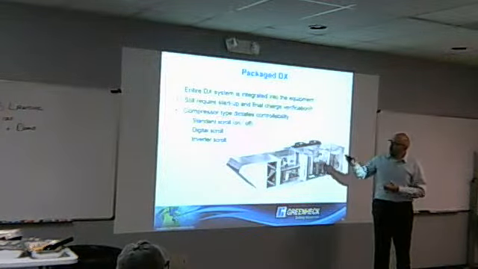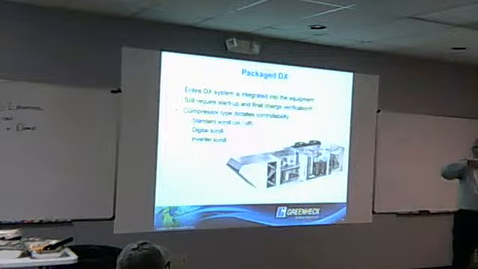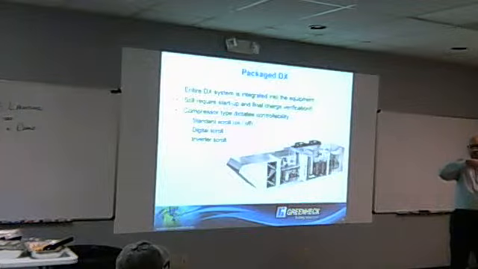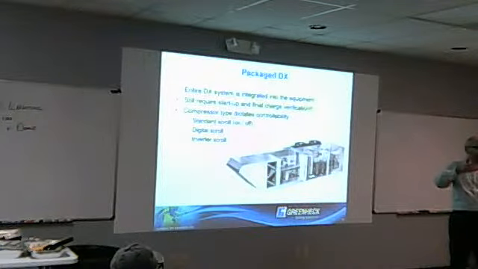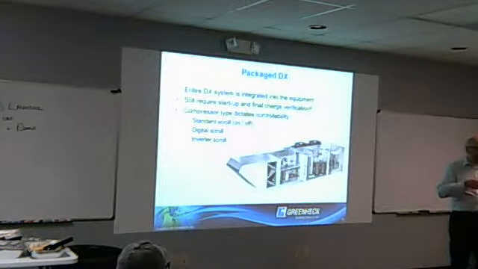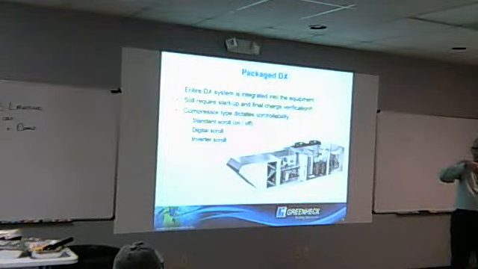As far as on or off, digital scrolls were pretty popular for a while, but that was a case where the scrolls unload and load for capacity control, and you hear that click, click, clicking sound, which can be annoying if you're not familiar with it. Like, what is going on? It's just that compressor unloading and reloading.